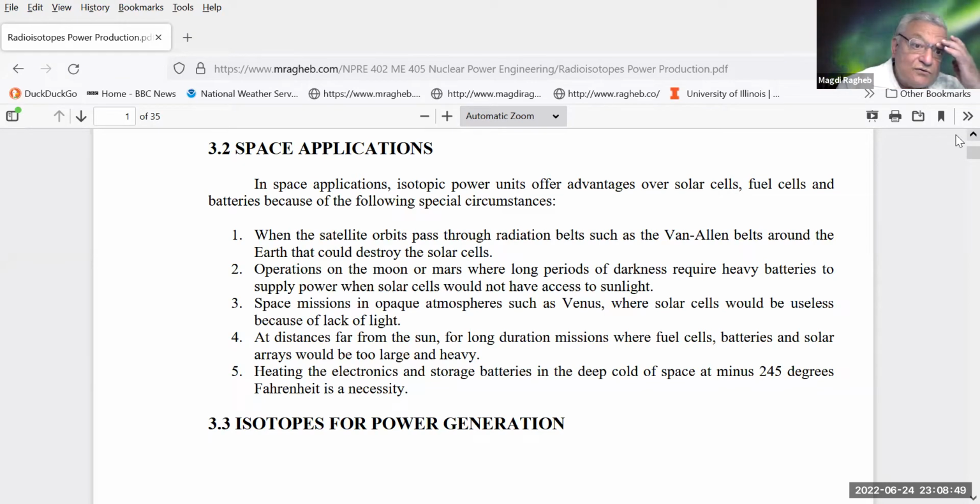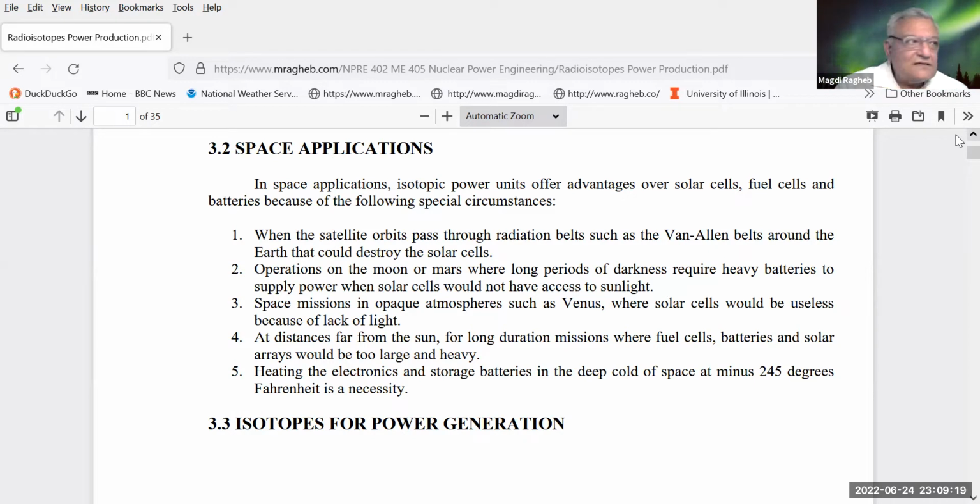When the satellite orbit passes through radiation belts, we'll see that the Earth has, in fact, you could see it in the aurora borealis, that radiation from the sun is trapped around the Earth in what's called the radiation belts. Those radiation belts have very high levels of radiation, so any instruments would be damaged.